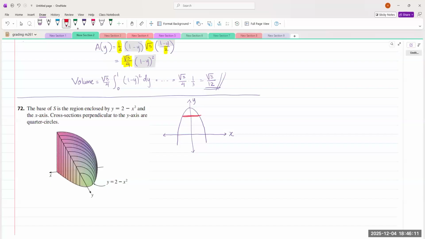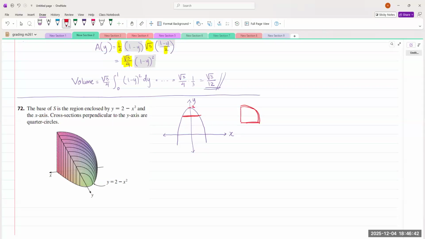So if I pick this guy here, it gives me this quarter circle. But that means I need to integrate with respect to y. My integration will be between y equals 0 and y equals 2.